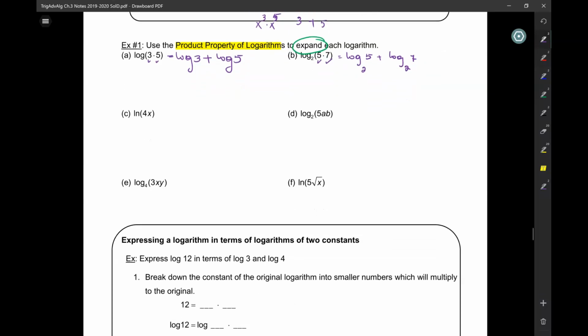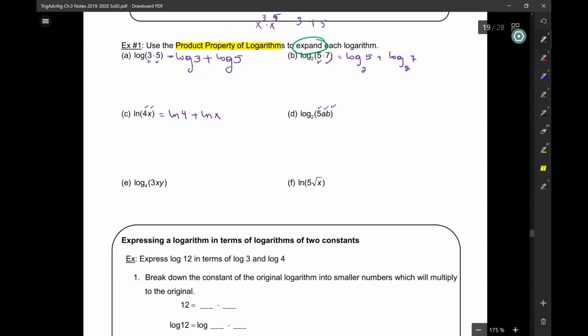Okay, next. How many inside the ln? 1 and 2. So it's ln of the first one plus ln of the second one. Okay. Next, I have log 2, 5ab.